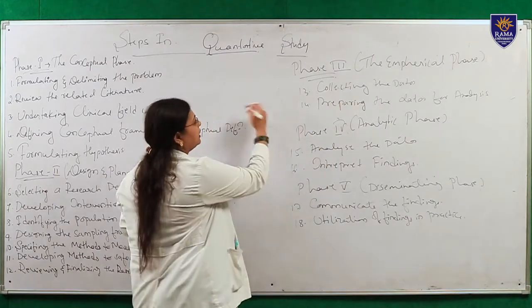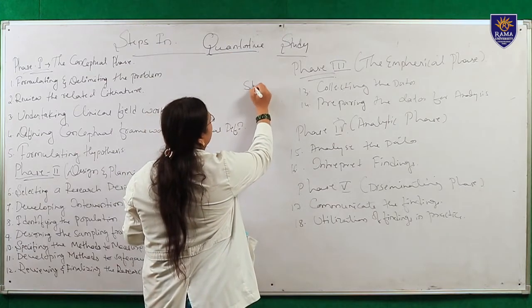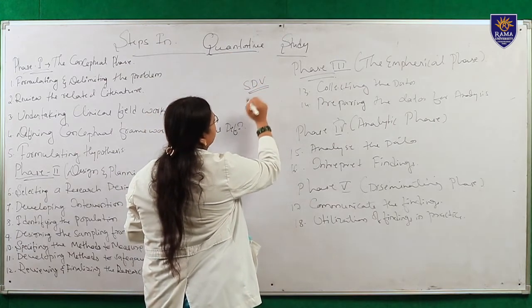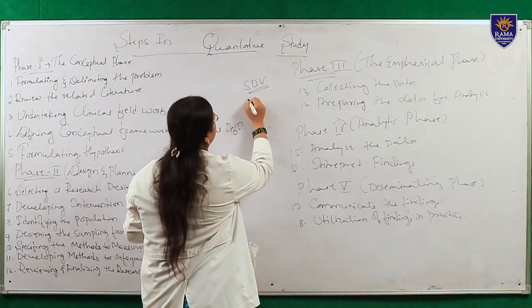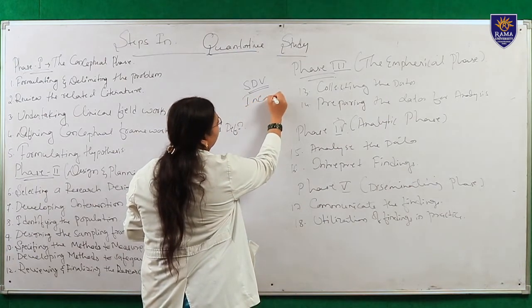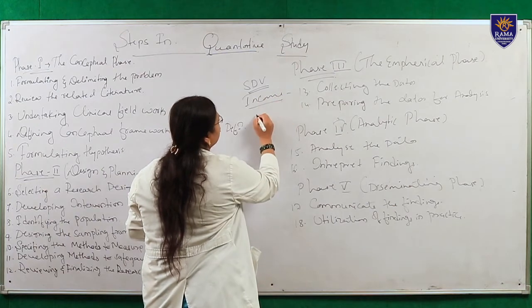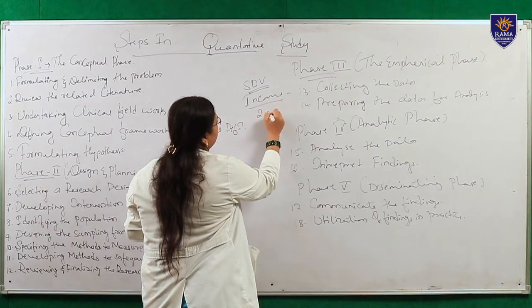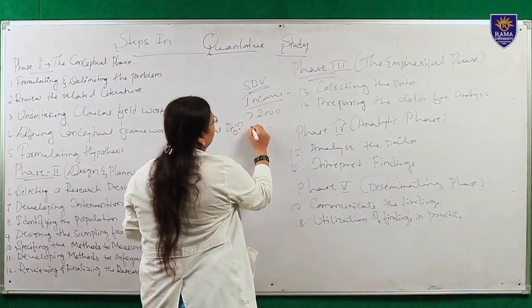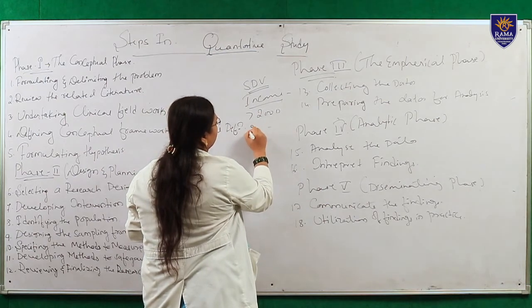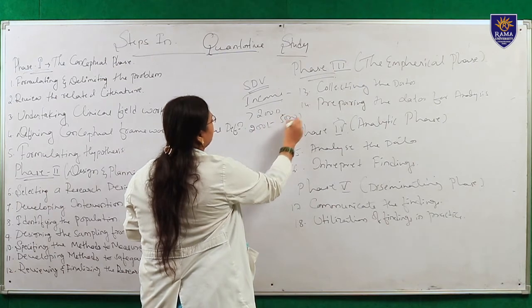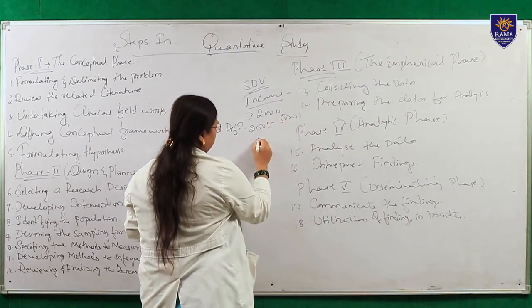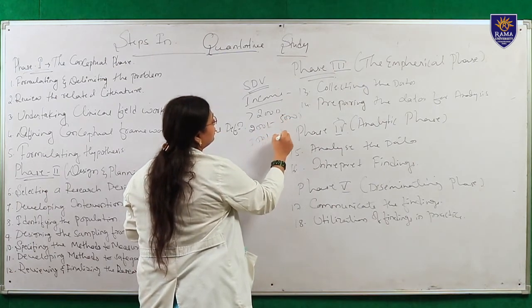Take an example of how it is analyzed. For example, socio-demographic variables. When you are taking the income of the sample, you can make groups: up to 2000, then 2001 to 5000, then 5001 to 10,000.